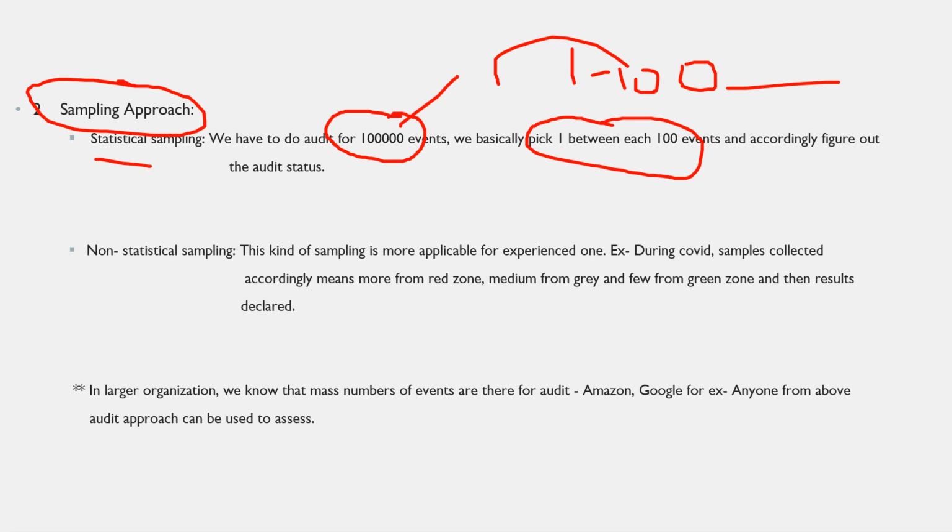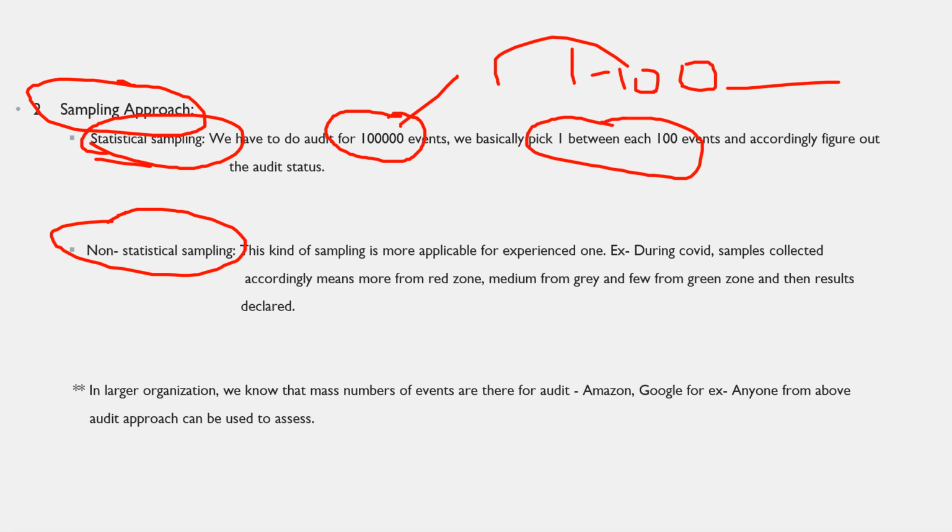Statistical sampling generally creates a value. The second part is non-statistical sampling, which is non-value based, and it completely depends on the experience that you have.